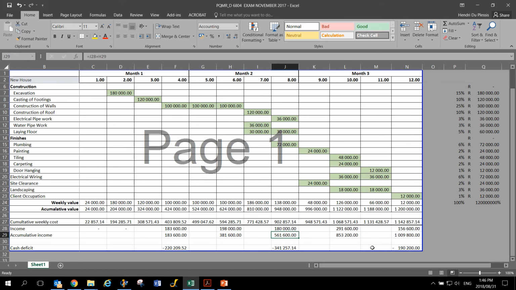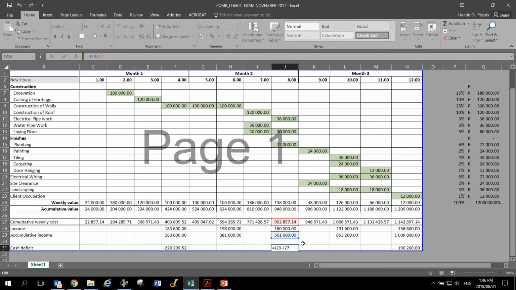The same applies after month 2. Your cumulative costs amounted to 902,000. Thus your cash deficit, or the capital that you need, is your outflow minus your inflow.